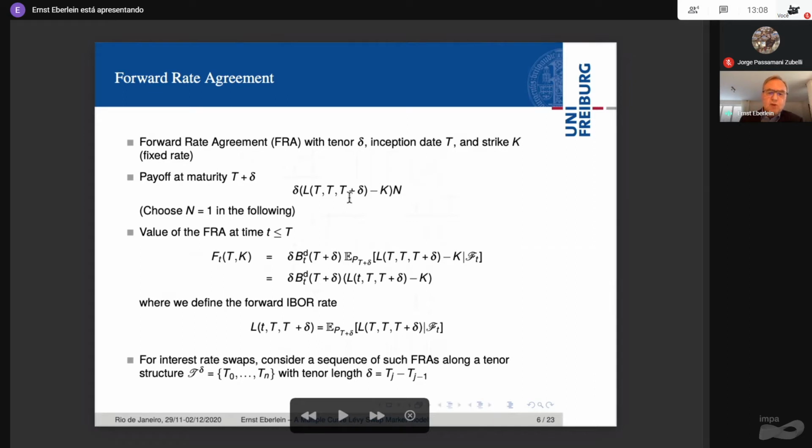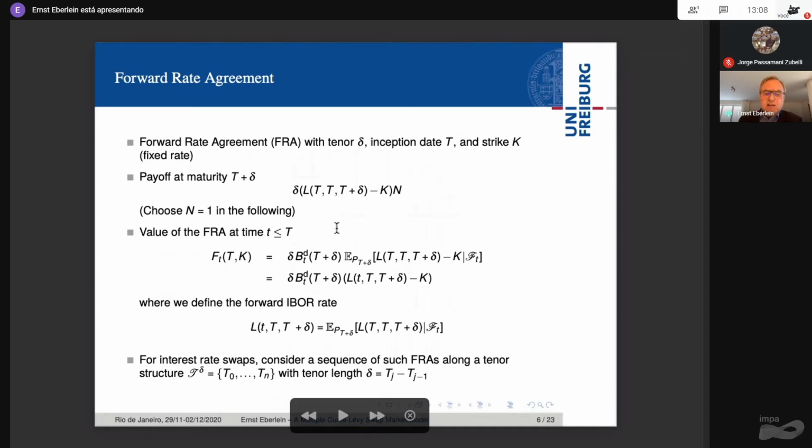Of course, we have always annualized rates, so you have to multiply with the year fraction and with the notional amount, which we will choose in the following always N equal 1, because it's just a factor which goes in. Such a contract is easy to value.